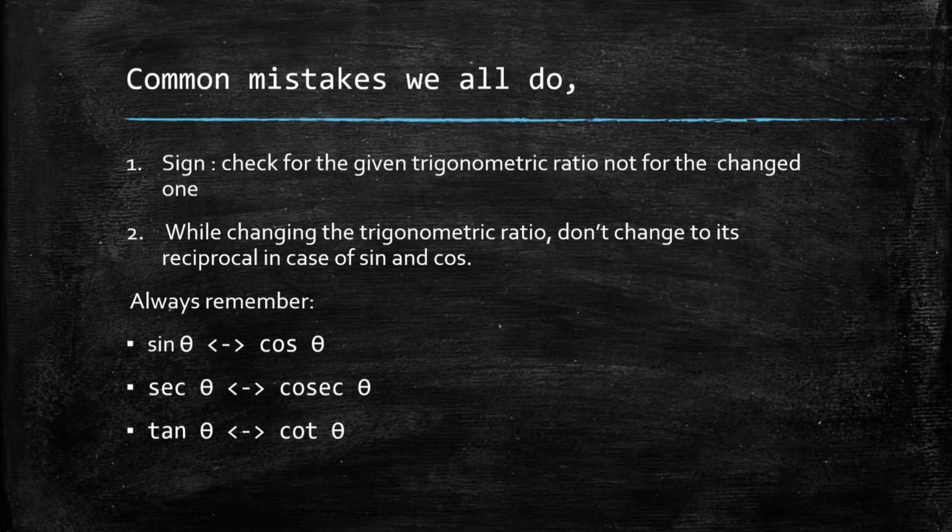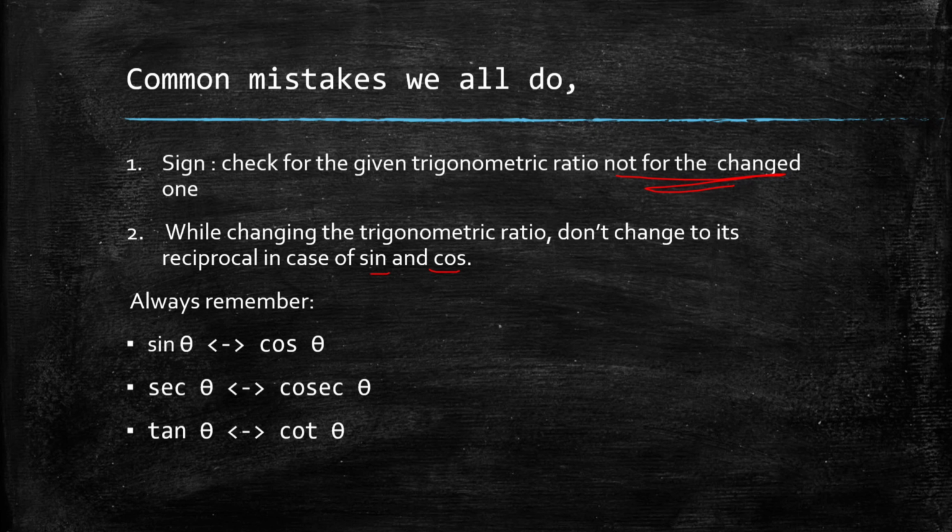These are the common mistakes we all make while solving the problems. First thing is we have to check for the trigonometric ratios which are given, that means on the left hand side and not for the changed one. And second thing is while changing the trigonometric ratio, don't change towards the reciprocal in the case of sine and cos.